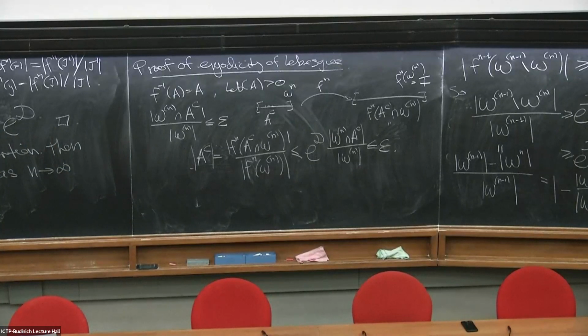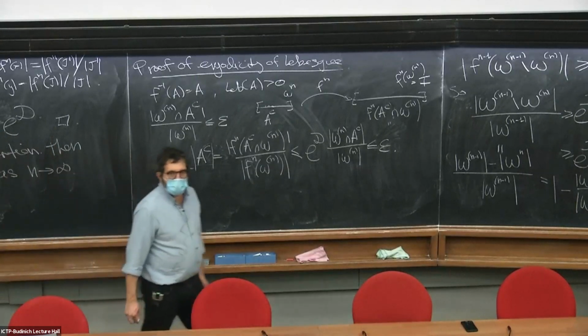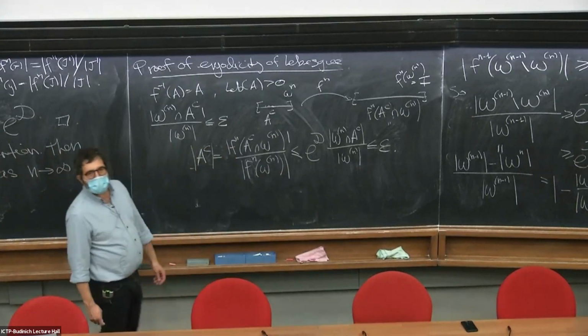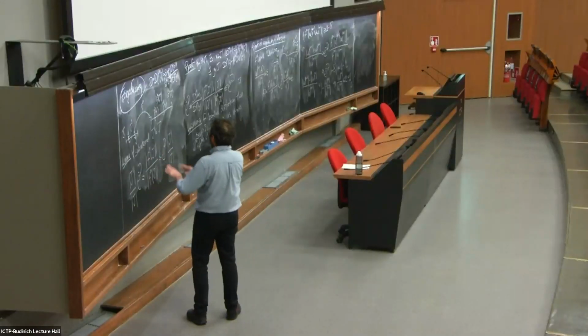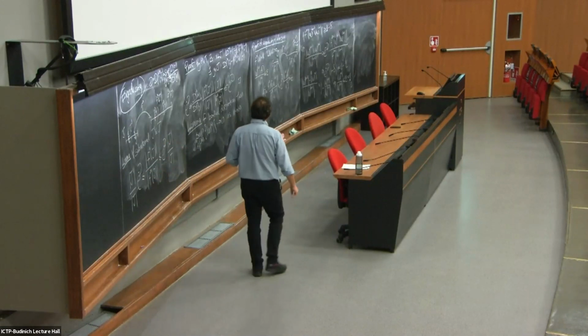Yes, you need some measure theoretic argument to show that this extends to measurable sets. It does. That's an important technical point. Okay, you're right. So really, we need this lemma to hold for measurable sets because that's how we're applying it.